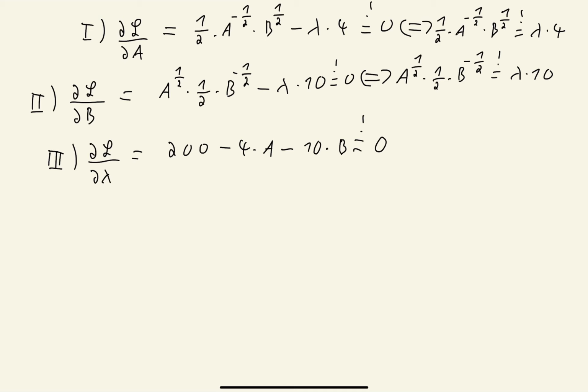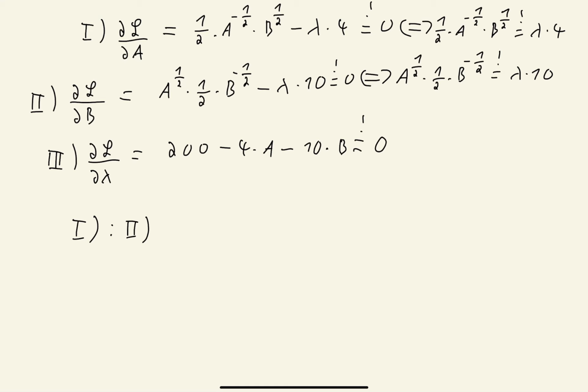So by doing so, we simply divide equations 1 and 2 by each other. We do this by dividing the left-hand sides of equations 1 and 2 and the right-hand sides. So we divide the left-hand side of equation 1 by the left-hand side of equation 2 and the right-hand side by the right-hand side here.